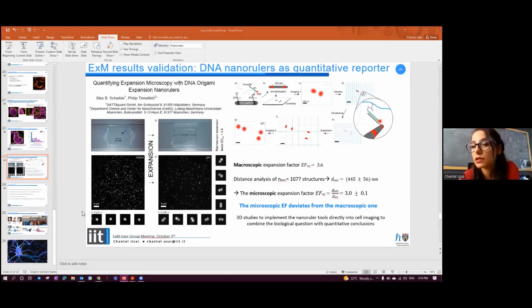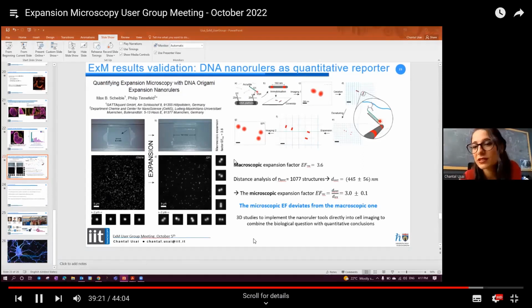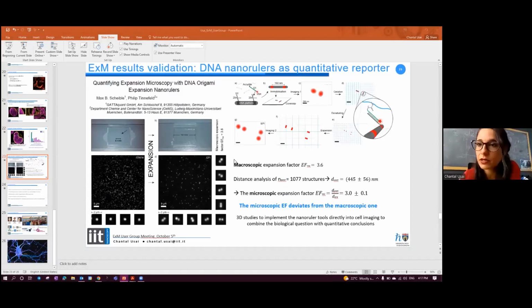Usually, and I don't have the image in this presentation, the signal to noise ratio gets a lot better, assuming your primary antibodies were not digested by the digestion buffer. If the primary survives, then the secondary staining can be a solution.